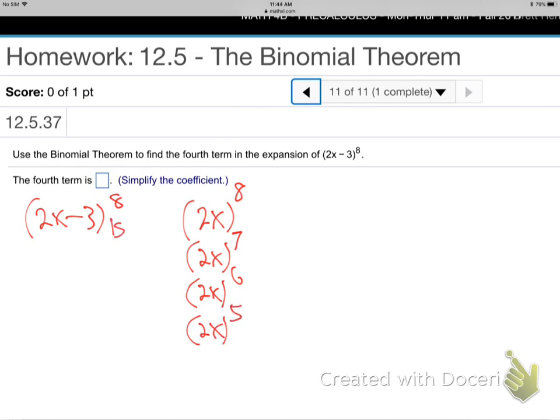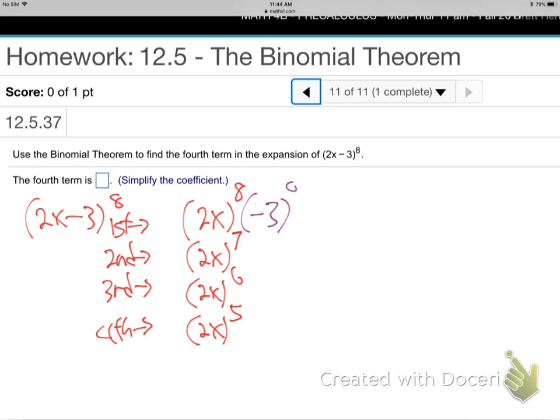So this is the 1st term, 2nd term, 3rd term, 4th term. Finding that 4th term. And then what goes here is the other thing.